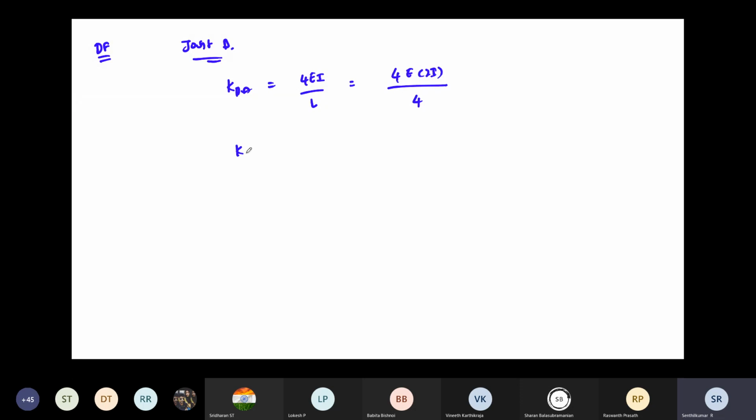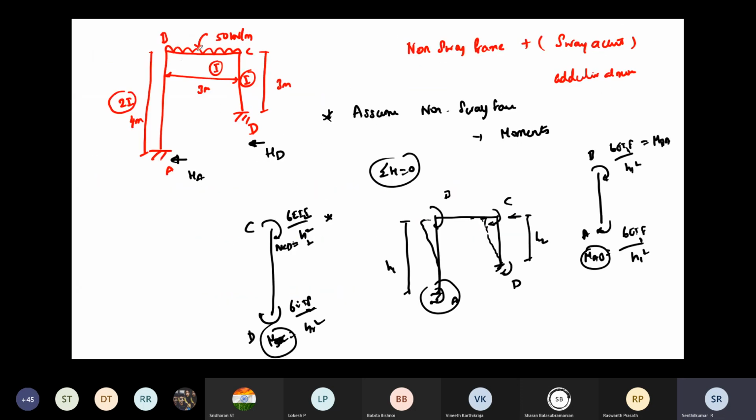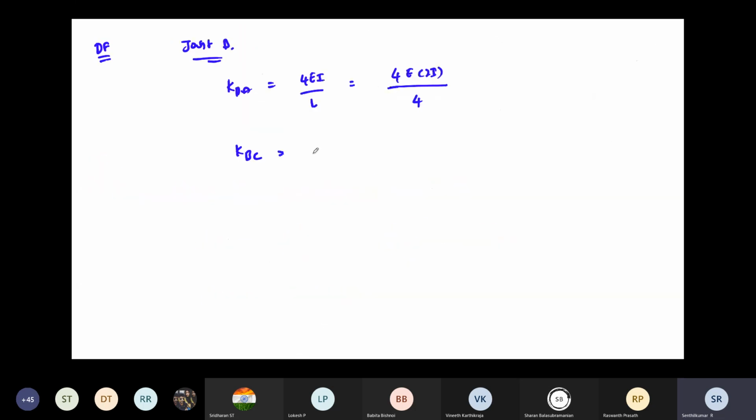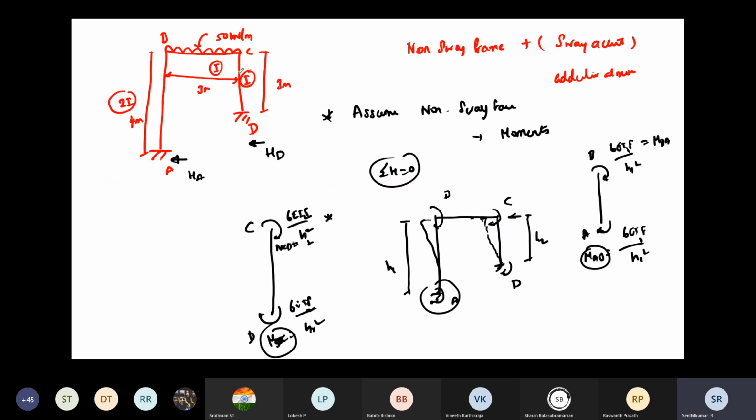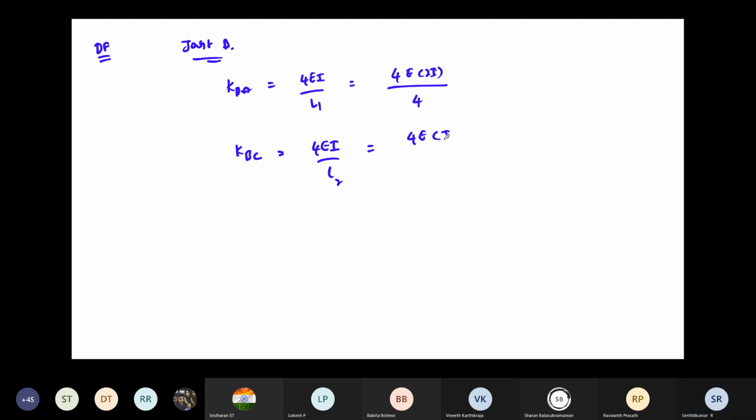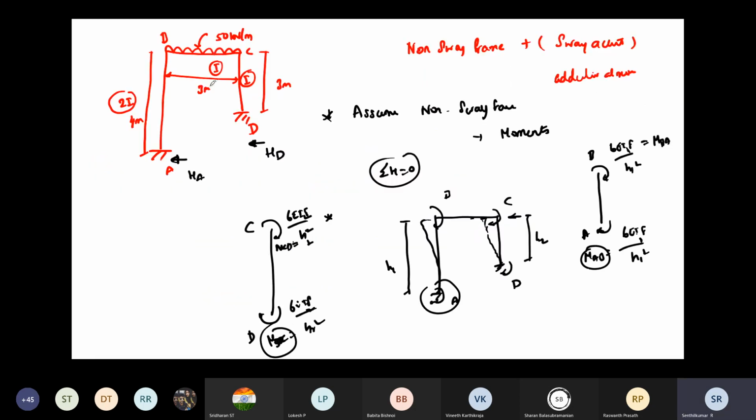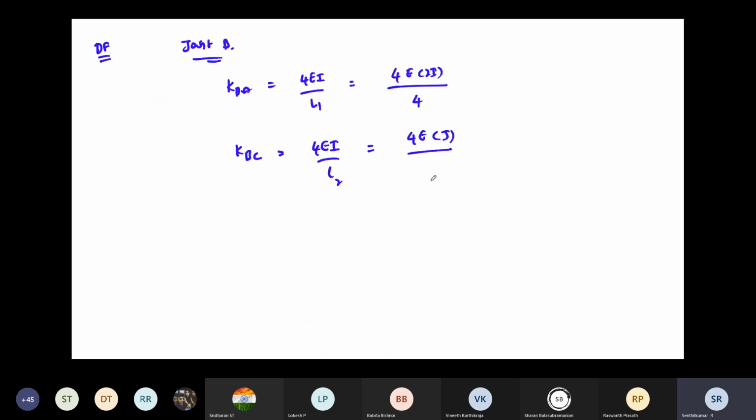Then K_BC. K_BC again, it's a continuous one, right? So I can take again 4EI by L. What is your I? This is a single I. What is the length of the beam? Here it is 3 meter, right?